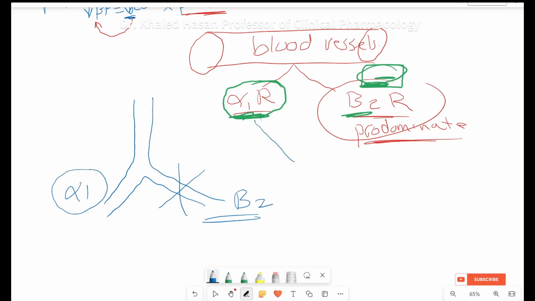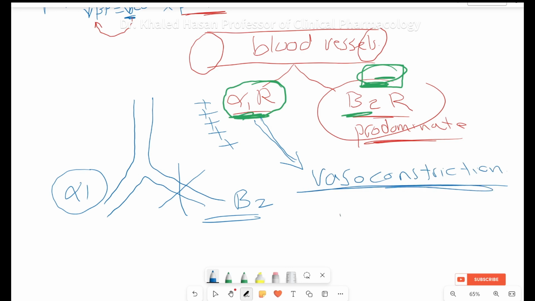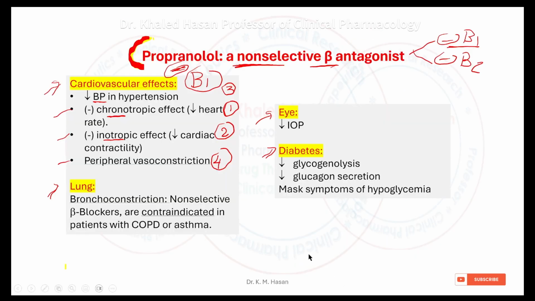Increasing activity of the alpha 1 receptor will lead to vasoconstriction. So peripheral vasoconstriction could be an adverse drug reaction of propranolol. This explains why the patient may suffer from peripheral vasoconstriction.